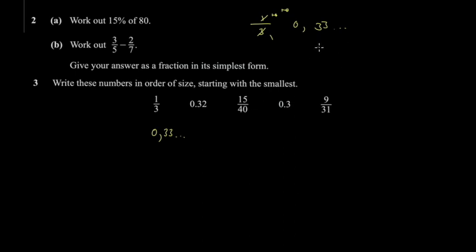So 15 over 40 would be, if we divide 15 by 5, then we'd actually get 3 here. If we divide 40 by 5 as well, then we get 8. So 8 into 3, then you get 0. Then you can put a 0 to the remainder, and then you say 8 into 30, then you get 3, up to 24.